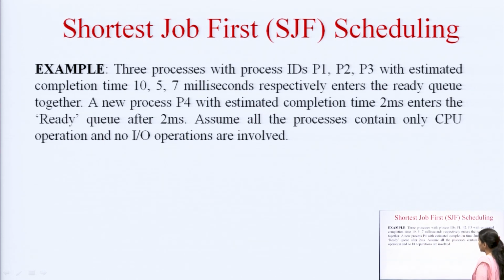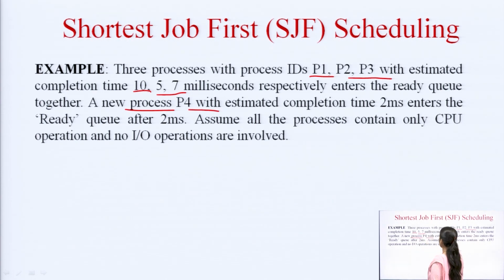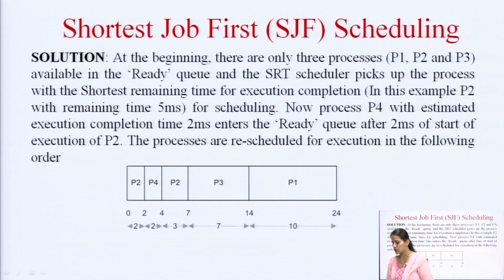Now, we will understand the scenario using an example. P1, P2 and P3 are the 3 tasks with this much completion time, and they enter the ready queue, and now in between a new process P4 with the estimated completion time of 2 milliseconds enters the ready queue after 2 milliseconds. Assume all the processes contain only CPU operation and no input output operations are involved. Let us find out how this will be solved.